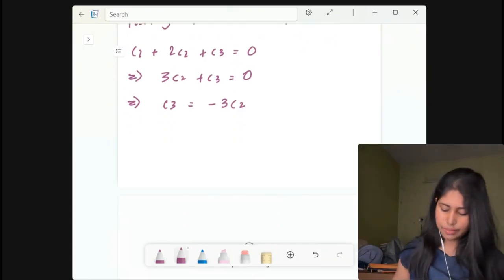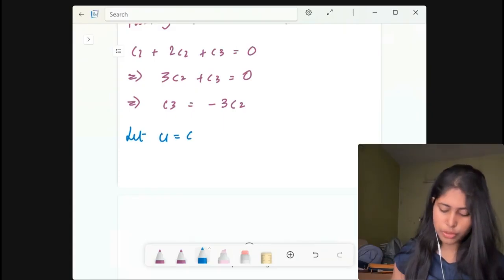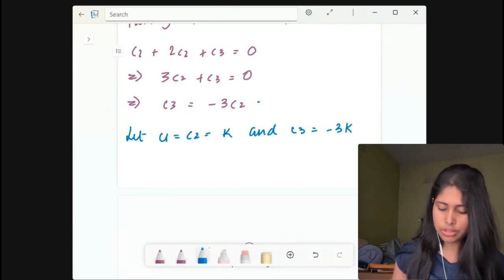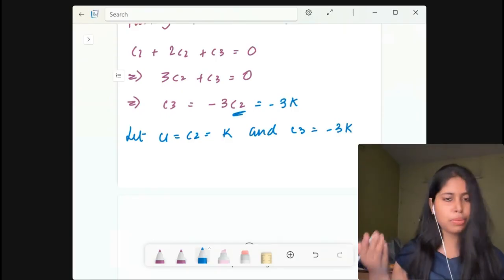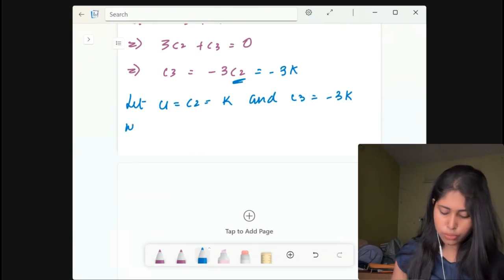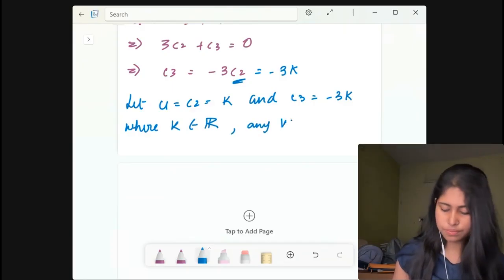So we can say let C1 equal to C2 be K, and then C3 will be minus 3K, right? If we consider C2 to be K, then C3 will be minus 3K. Now where K belongs to any real number, any value.